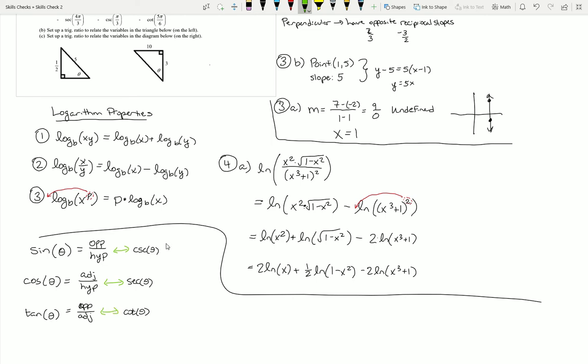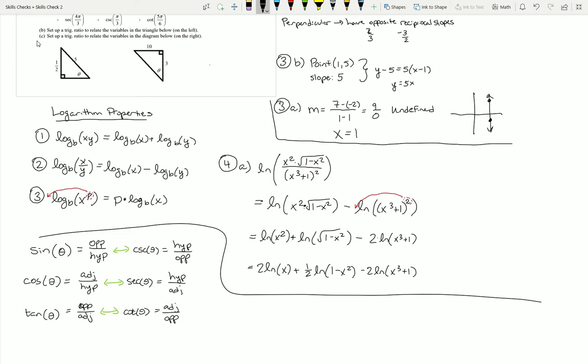So cosecant goes very well with the sine function and the sine ratio, and it's really just going to produce the reciprocal ratio, since these were reciprocal functions. Same thing with the secant and the cosine. They're just going to produce reciprocal ratios. And finally, the cotangent is going to produce a reciprocal ratio of the tangent.